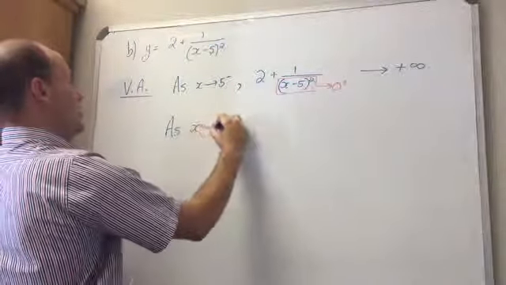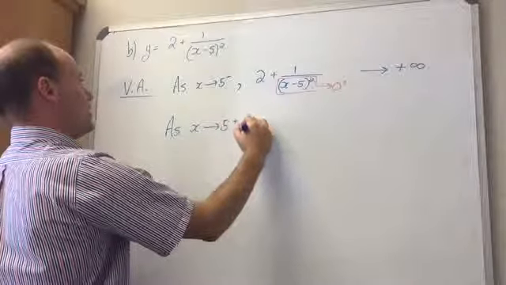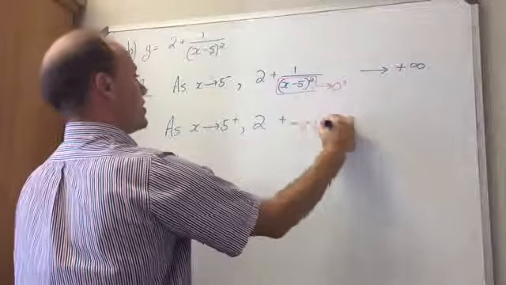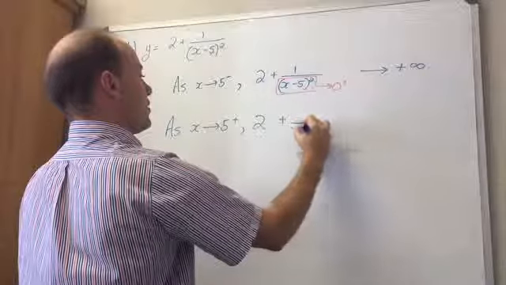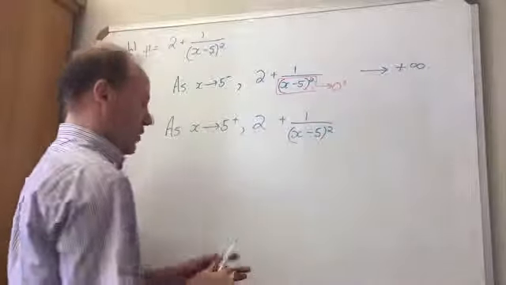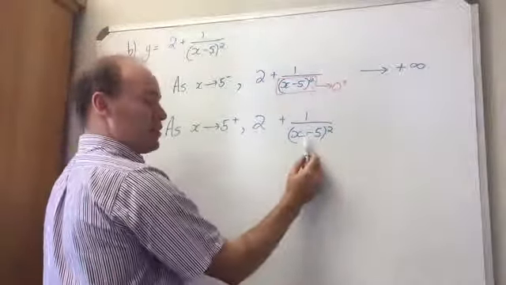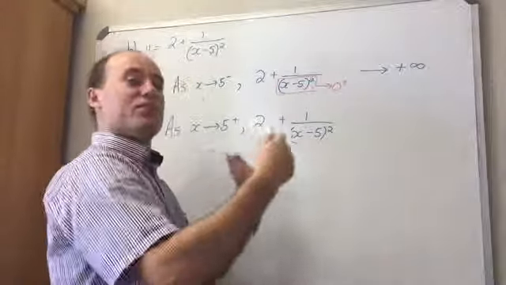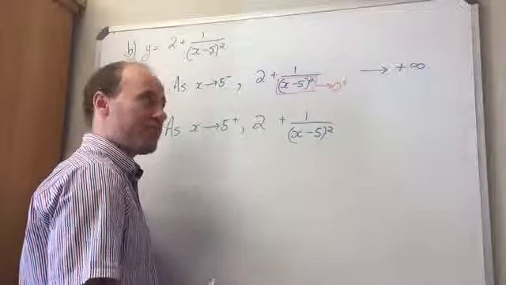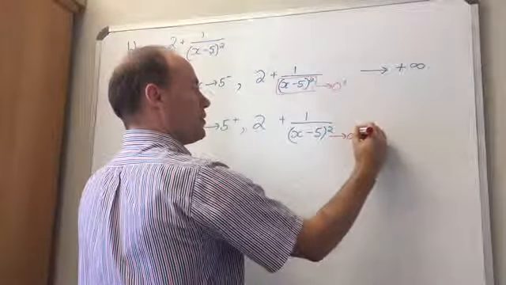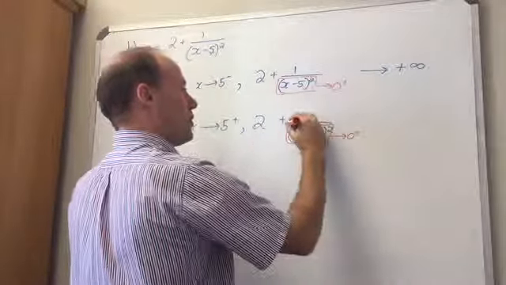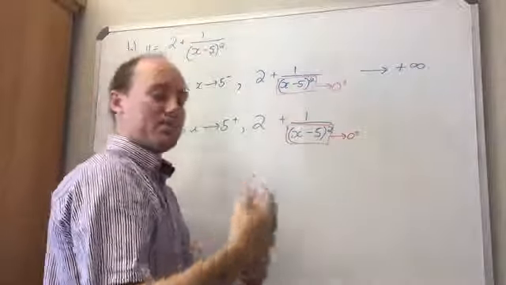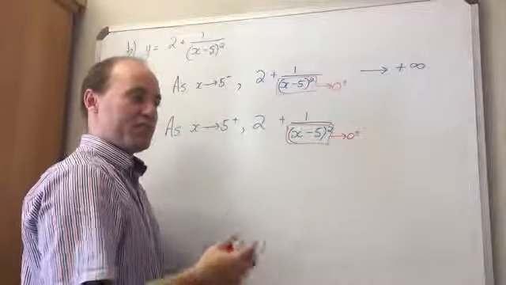Okay, as x tends to 5 from the right, what happens to the formula for the function? Again, x minus 5 is now approaching 0 from above. x minus 5 squared is still approaching 0 from above. So 1 over x minus 5 squared will approach infinity.